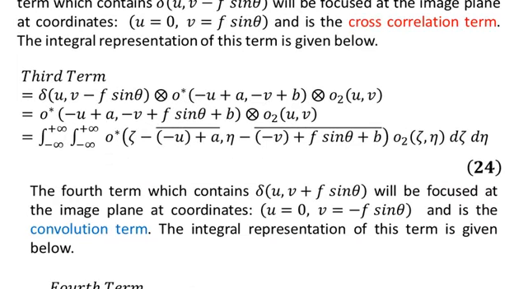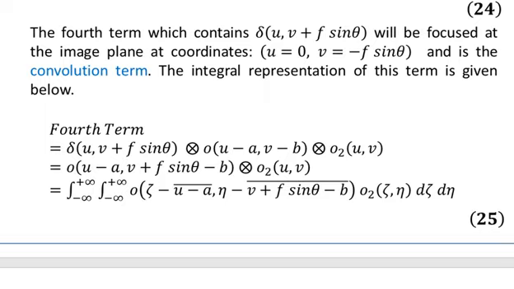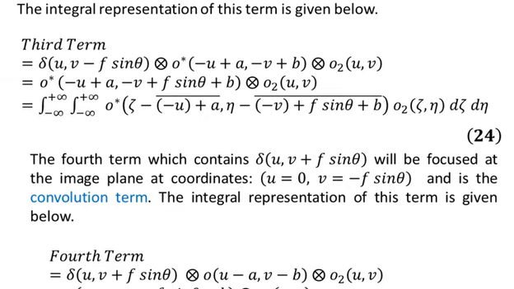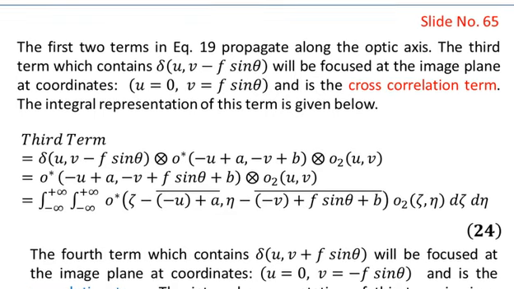These are the terms which are not traveling along the optic axis, but are traveling at an angle to the optical axis, and the beams have centers at u is equal to 0 and v is equal to f sine of theta. You see that for v we don't have v equal to 0, but v equal to f sine of theta.